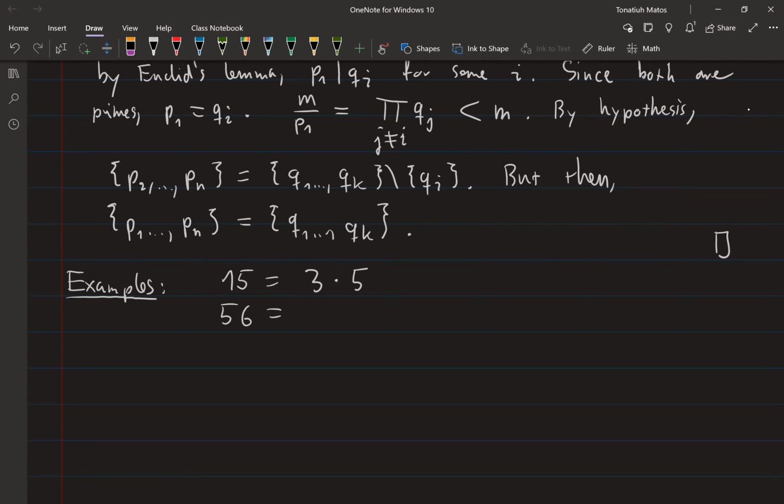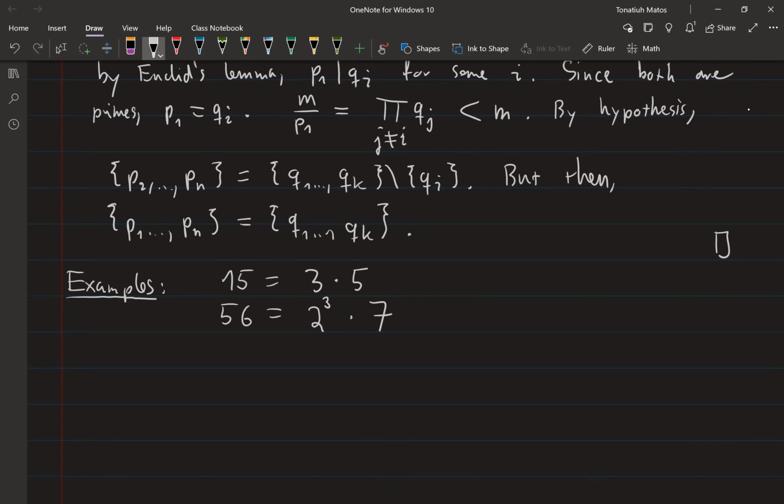To factor it, you iteratively divide by some prime number that you find that divides the number, right? So this is an even number, so you divide it by 2, and you get 28. So you divide it by 2 again, and then you get 14, and then you divide it by 2 again, and then you get 7. And 7 is prime, so you just write it down as part of the factorization, right?